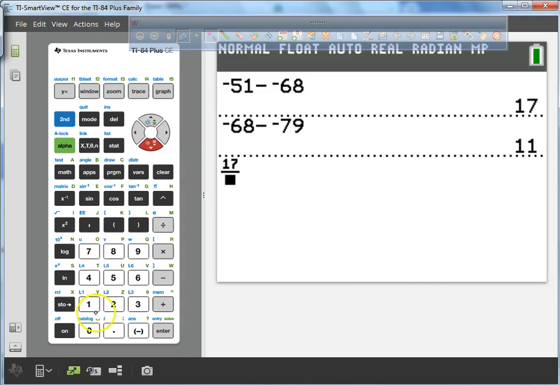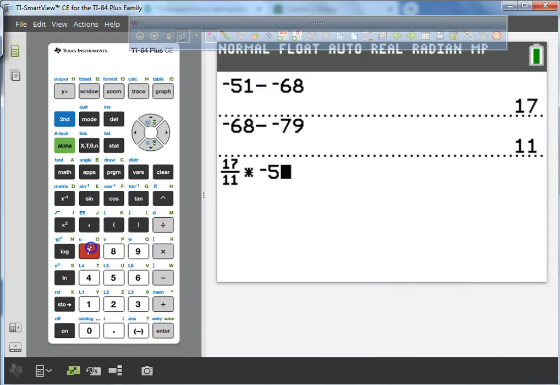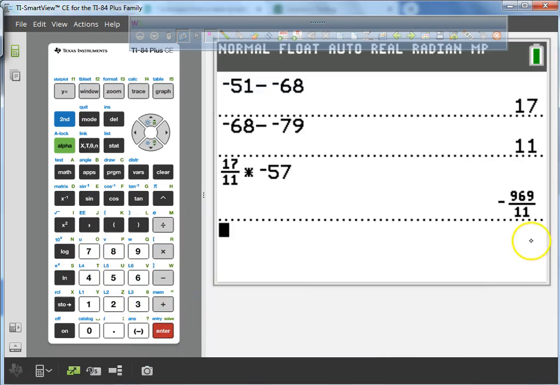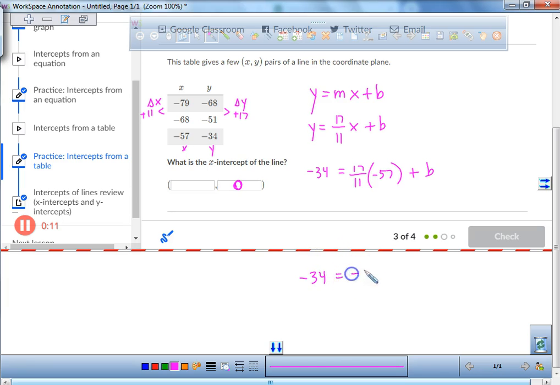That's an ugly fraction: negative 969 over 11 plus b. That means I got to add 969 over 11 to both sides.